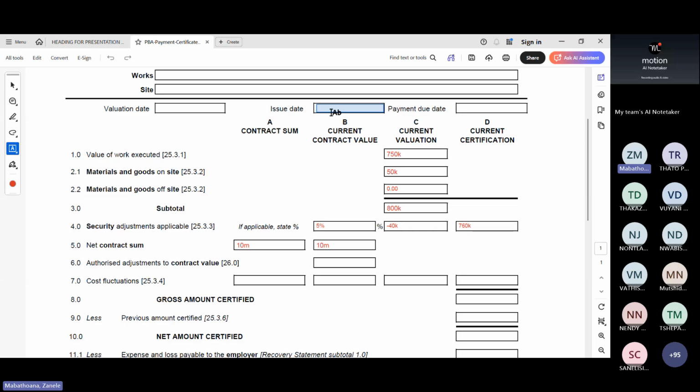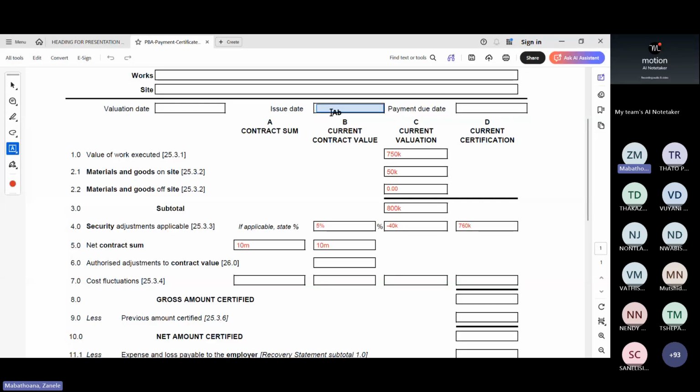I don't want to speak it from my head and then mess it up. So we are on payment clause 26, adjustments to the contract value. The principal agent shall determine the value of adjustment to the contract value in cooperation with the contractor.